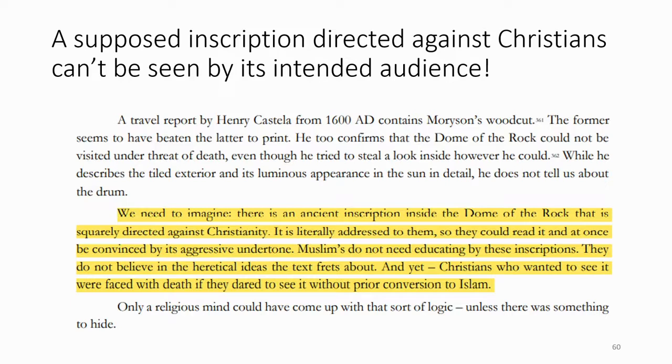And AJ Deus says only a religious mind could come up with that sort of logic unless there was something to hide. So why would you have a notice and then not allow the people that it's directed at to see it? That doesn't make sense, unless the only logical explanation is simply because there's something going on in there that they don't want people to see at that time.